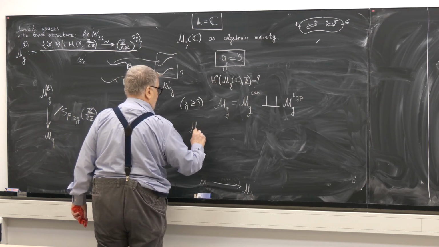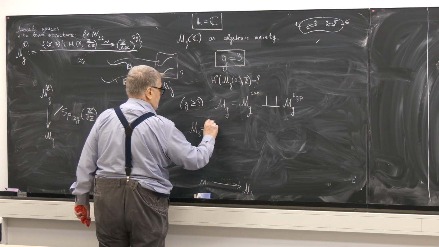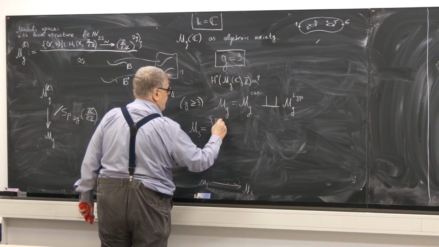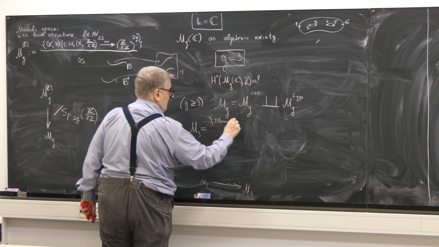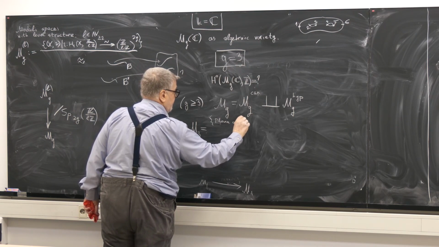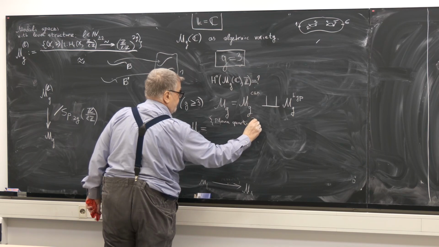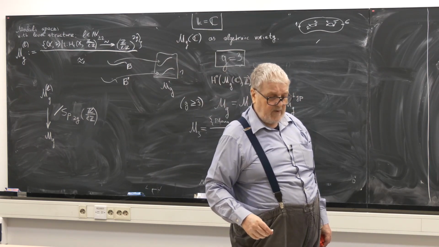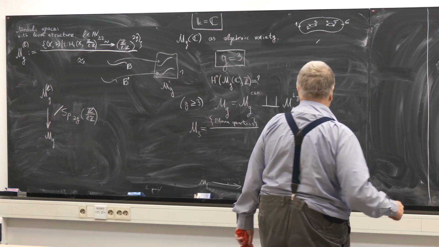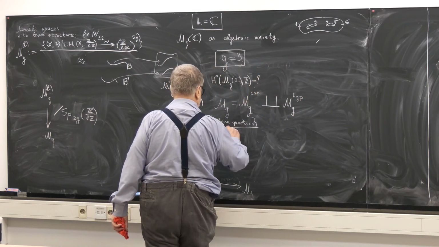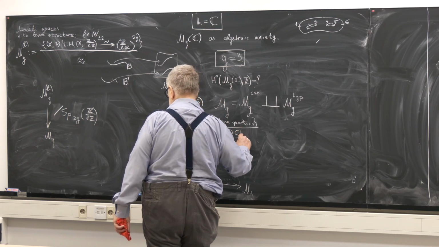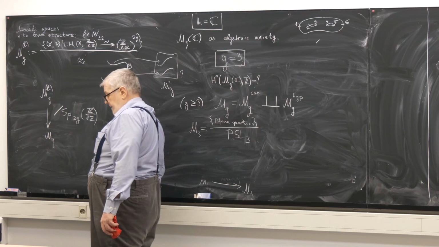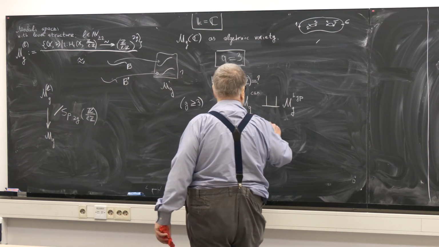In particular, M sub 3 is the smooth plane quartics, up to the isomorphism, the precise action of PSL3, acting by fractional linear transformations.